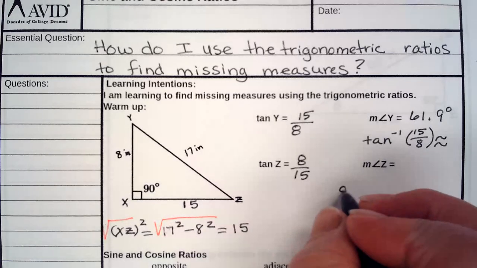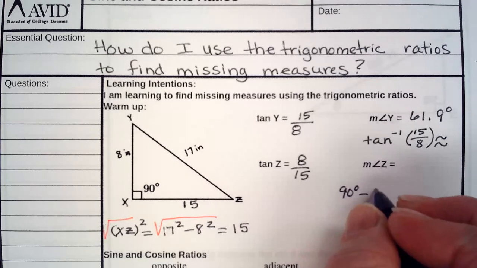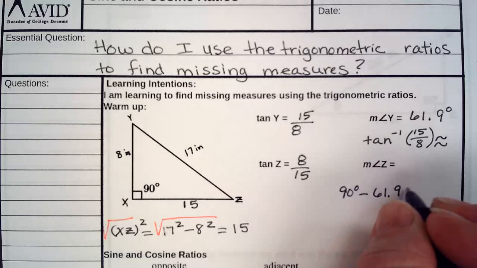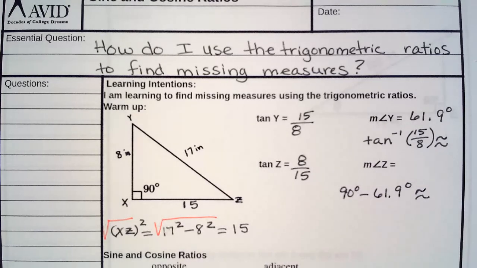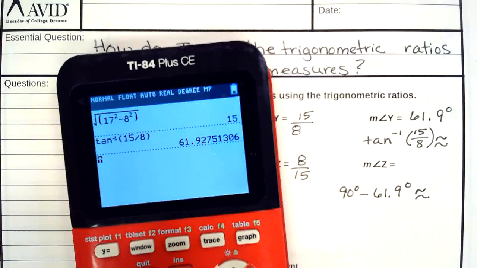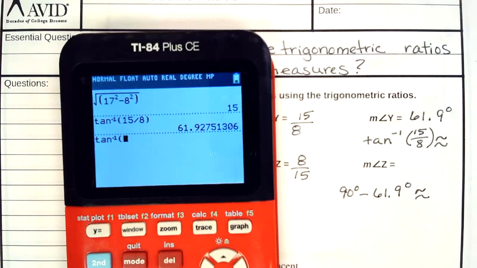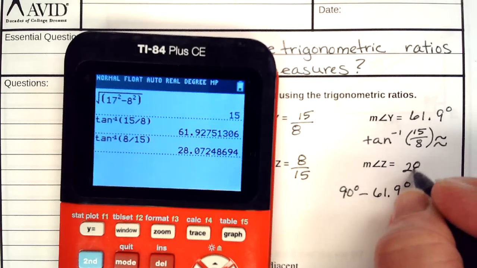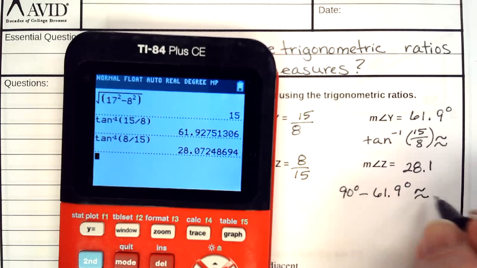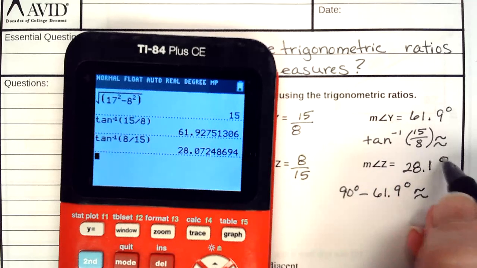So I could take 90 degrees minus 61.9 degrees. Or, once again, I can use that second tangent, 8 divided by 15, close it, and I get 28.1. And that is in degrees.